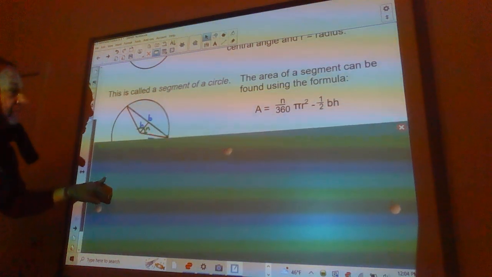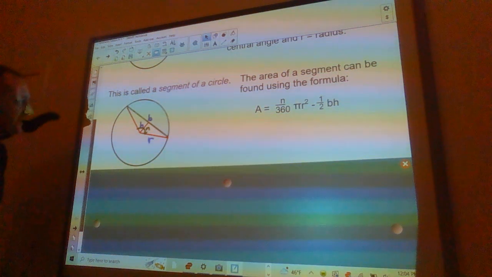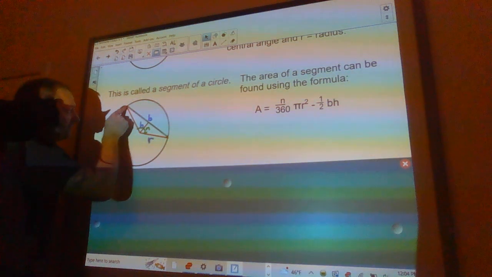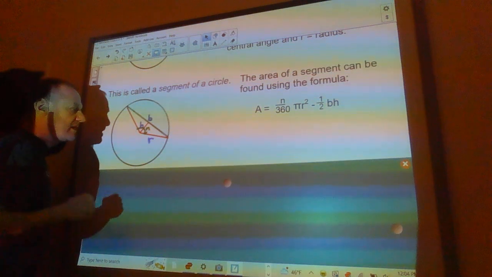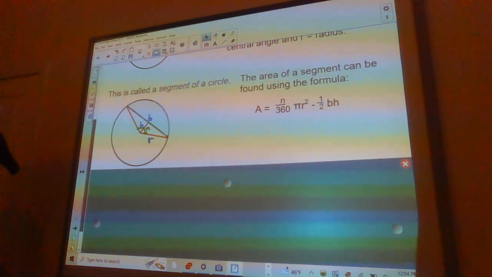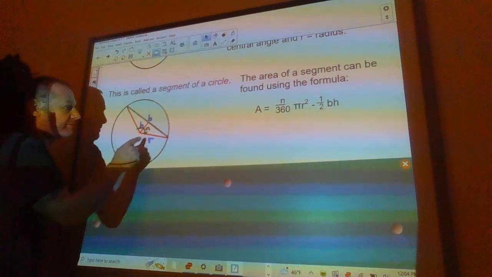Now, this is called a segment of a circle. What a segment is, you take a sector and then you draw a segment that goes between the two points where the sector intersects the intercepted arc, and you cut this triangle off.